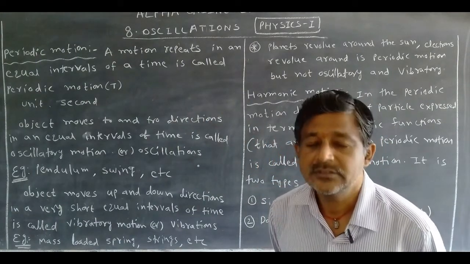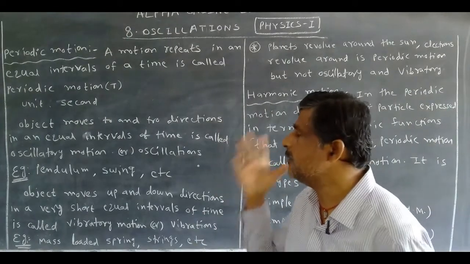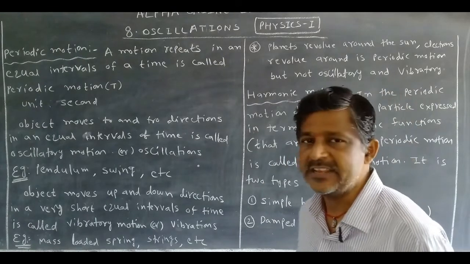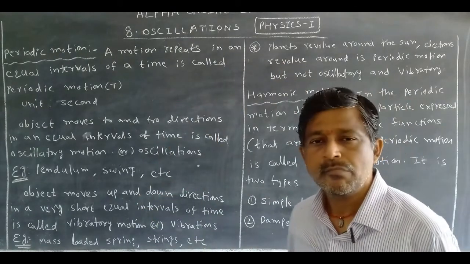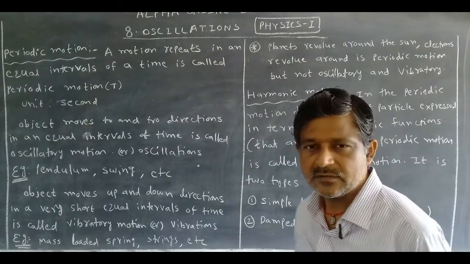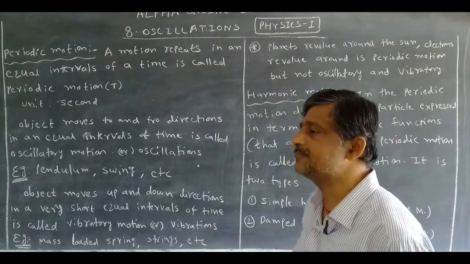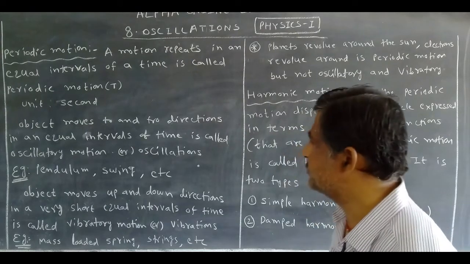Now, the third type of motion is periodic motion. In the 8th chapter, oscillations, in our first year syllabus, we will discuss all the topics under periodic motion. What is the definition of periodic motion?